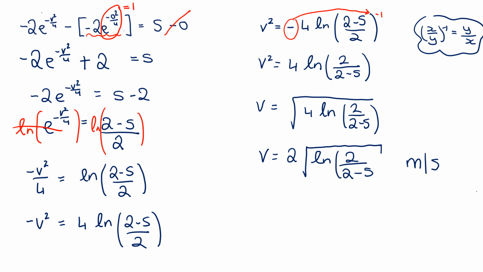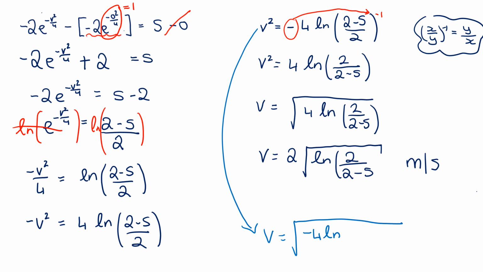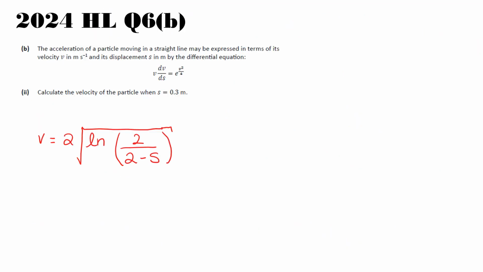And it will be absolutely fine if at this point you went straight, so here, if you went v equals square root of negative 4 natural log of 2 minus s all over 2, and left it like that, absolutely fine. No problem at all. I just prefer that cleanup. I don't like the look of the negative underneath, but it's absolutely fine to leave it there.